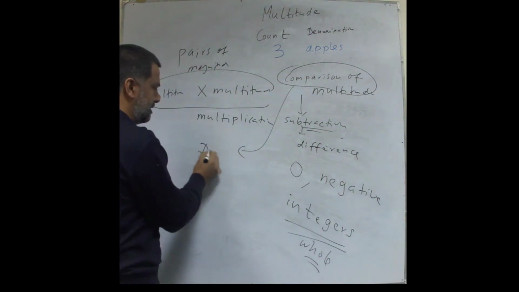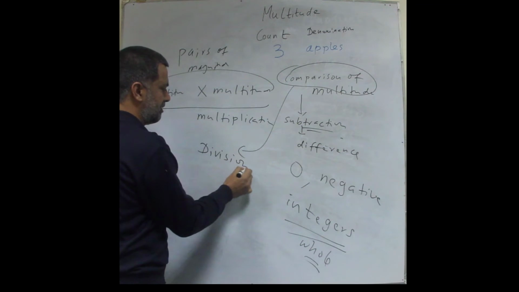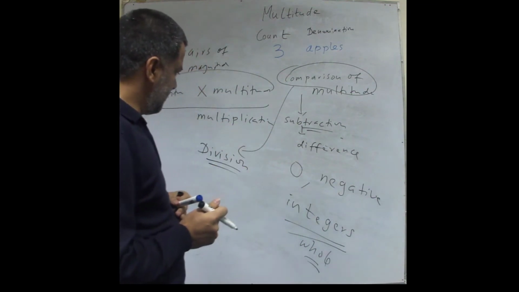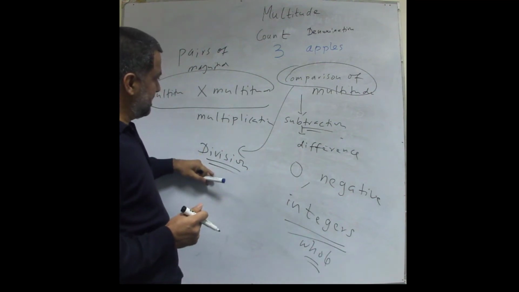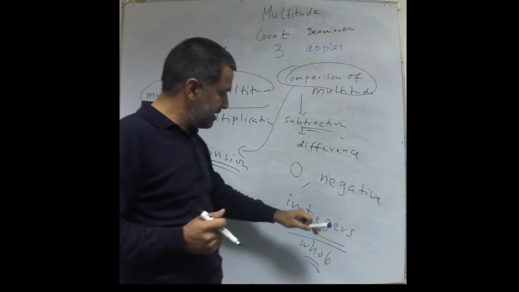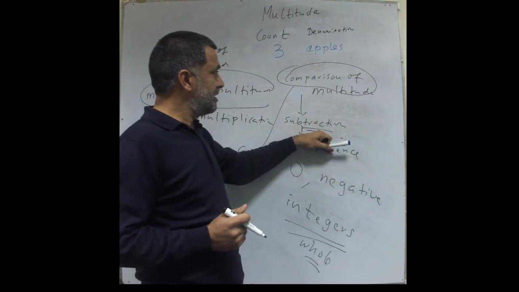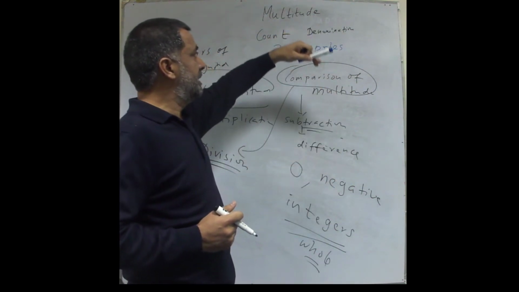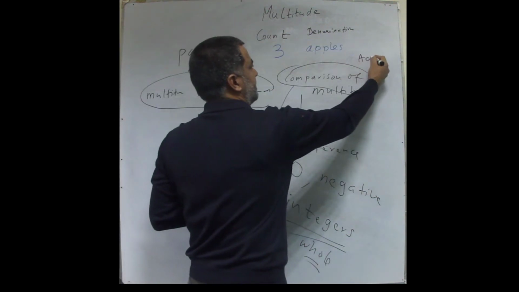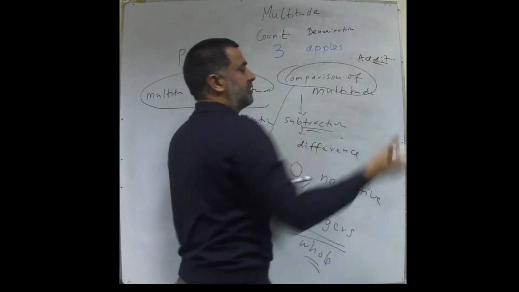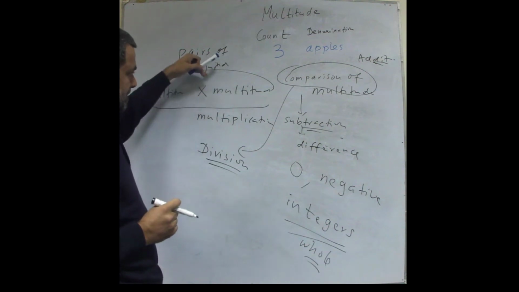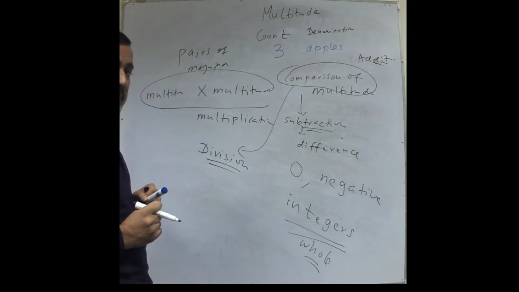So division also arises as an arithmetic operation which is undoing multiplication. Just like subtraction will undo addition, I forgot to mention that we also had addition. Whenever you combine different things, you have addition. So division is an operation which undoes multiplication.